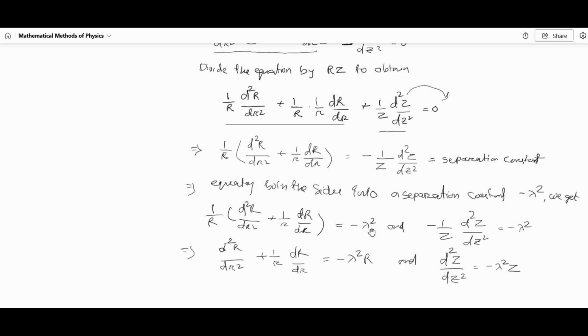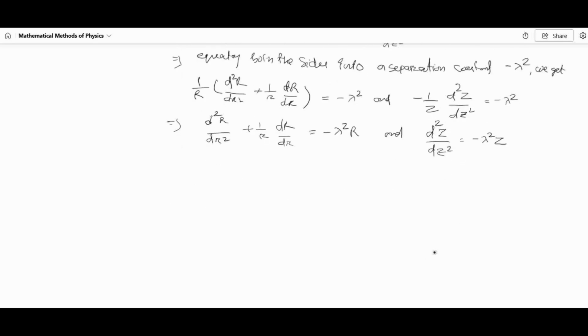On rearranging, we will get d square r by dr square plus 1 by r dr by dr plus lambda square r equal to 0, and d square z by dz square minus lambda square z is equal to 0, because already there is a minus sign on this side, so the minus signs cancel each other.